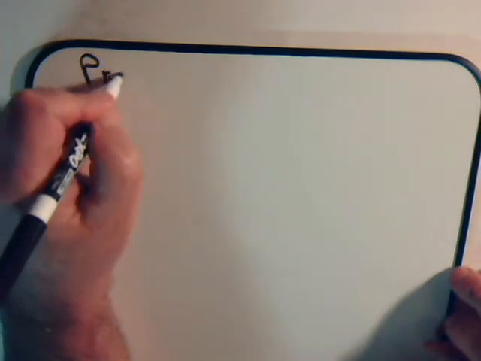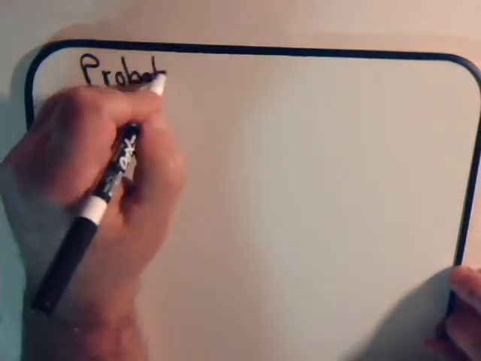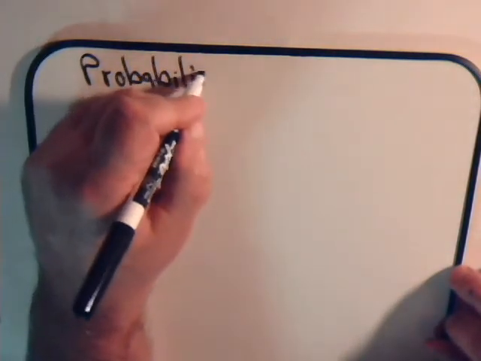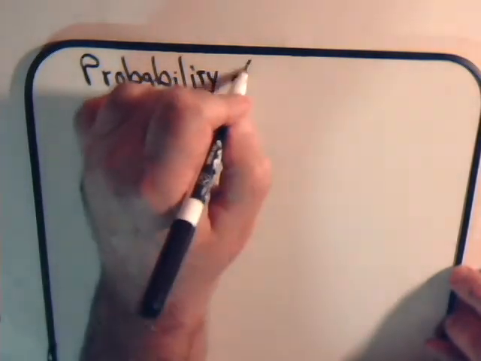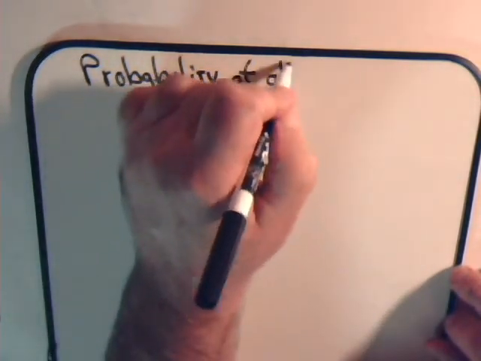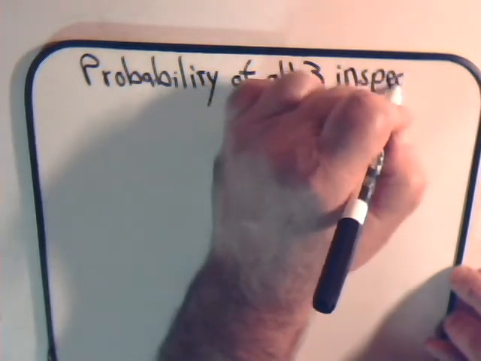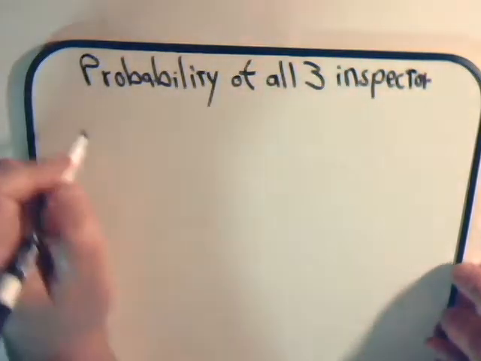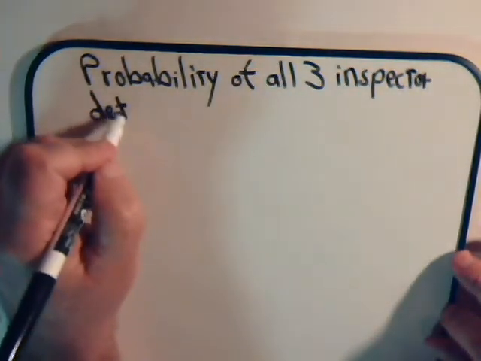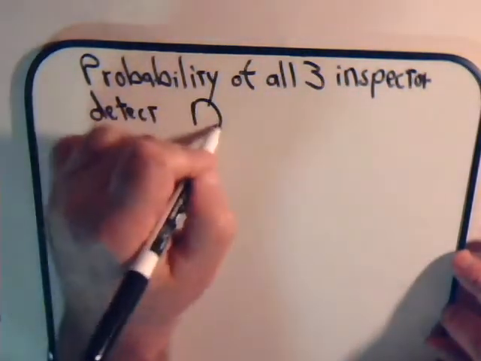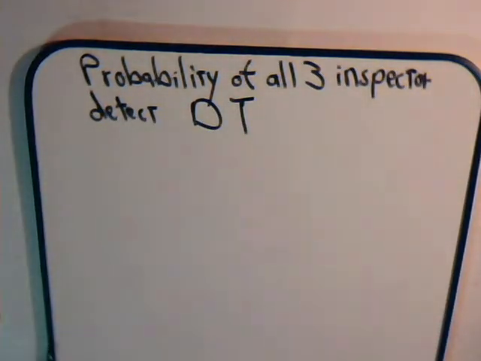And we want to consider the probability of all three inspectors detecting a defective transistor.